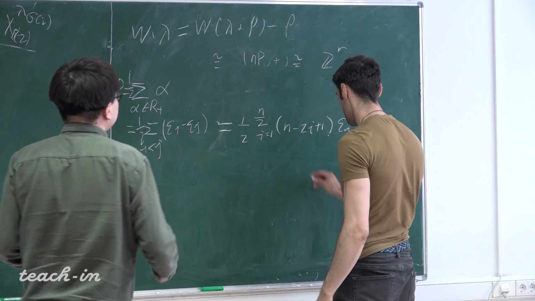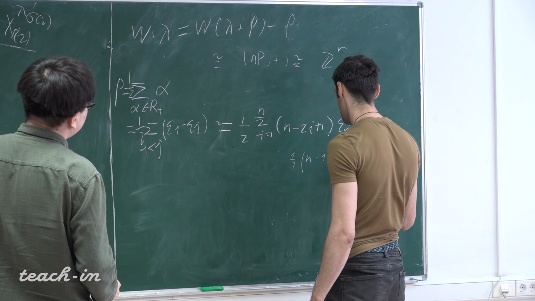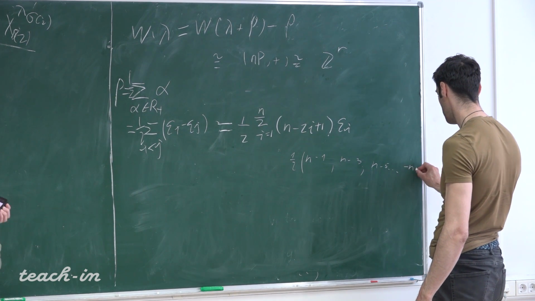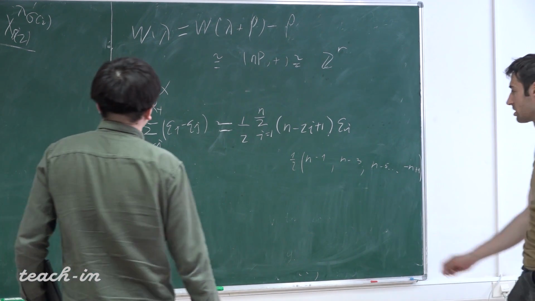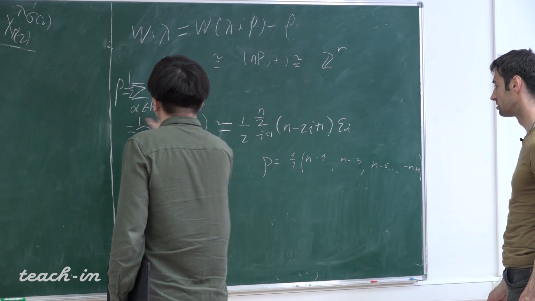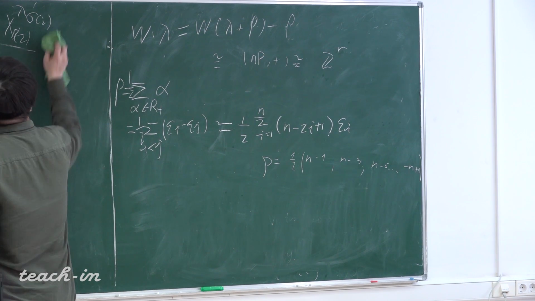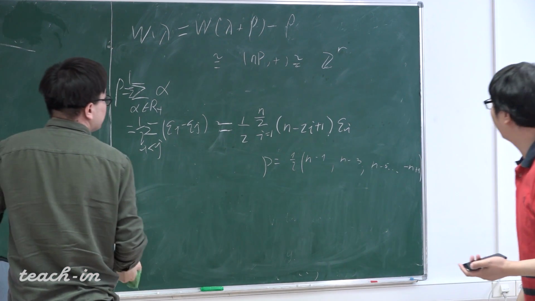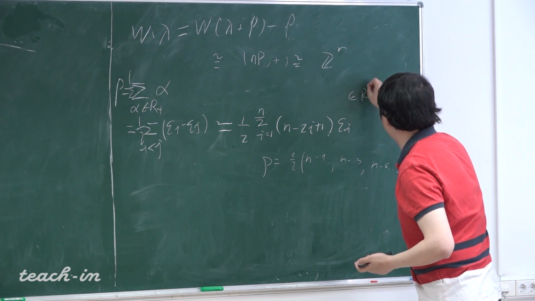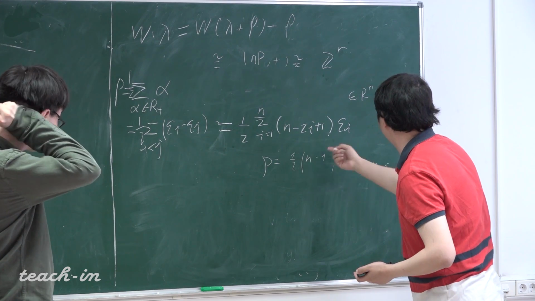So actually it is n minus 1, n minus 3, n minus 5, and so on. The last one is negative n plus 1, right? This is rho. This is the coordinate of rho, and I think we should keep this, in R n. It's the ith coordinate.